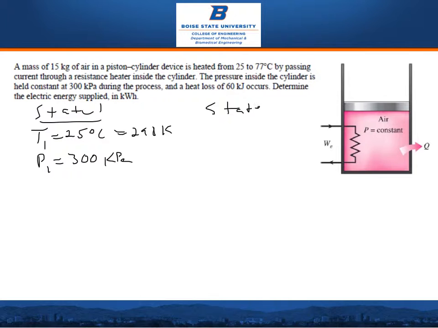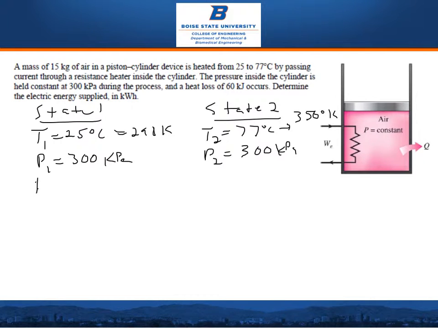State 2, T2 equals 77 degrees C, which is 350 degrees K. And P2, excuse me, is still 300 kPa, since it's a constant pressure situation. We know there's a heat loss of 60 kilojoules, so that's Q out.